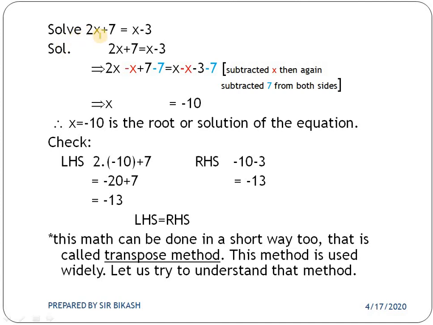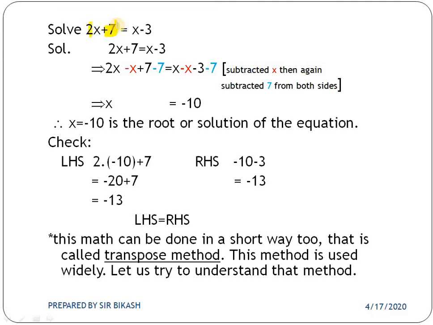Next, twice x plus 7 equals x minus 3. This is a little bit complicated, a little bit complex equation, but don't worry, we will solve it very easily. First of all, you see here, this 7 we have to eliminate, and this 2 we have to eliminate.